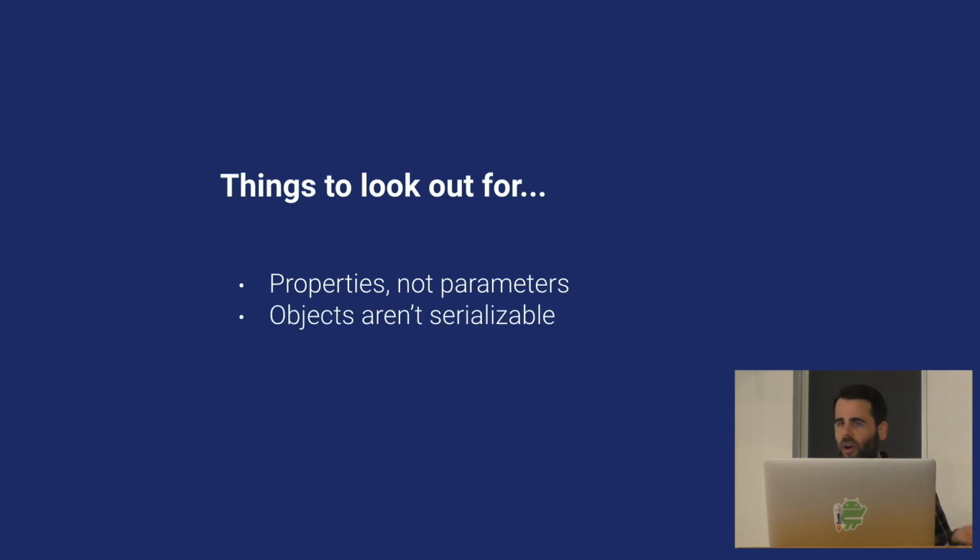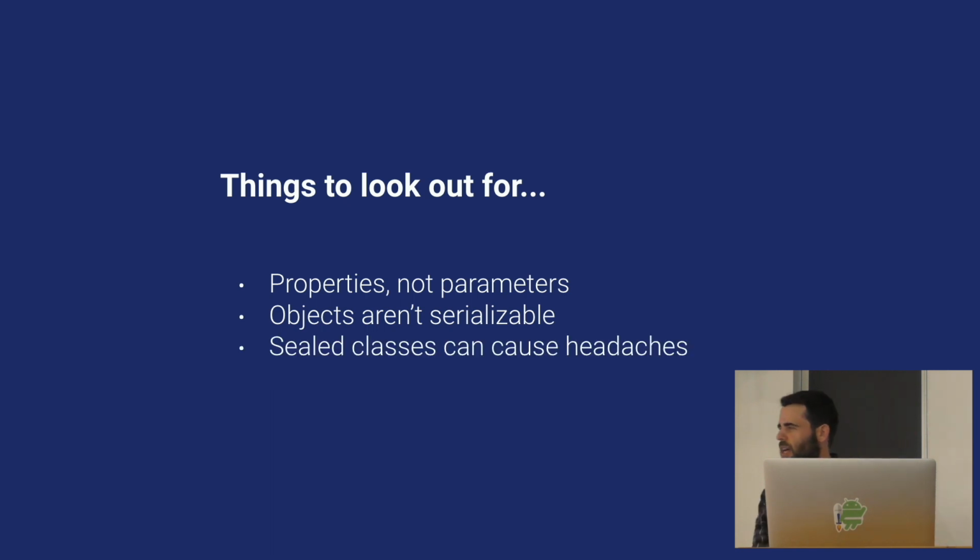As I mentioned, objects aren't serializable, which is just kind of annoying. Sealed classes are supported, as we've seen in a couple of examples, but the implementation isn't all that great. It basically just throws an additional type parameter in. And when you're trying to do any sort of custom serialization, or if you have a complex hierarchy of sealed classes, it can get really confusing and very difficult to get the output you're looking for.